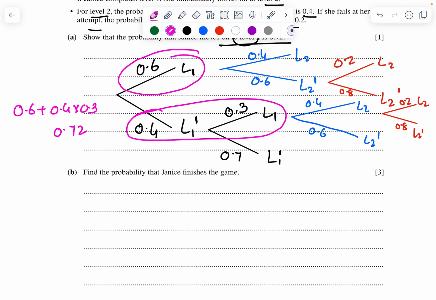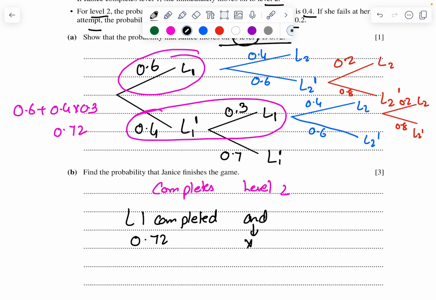When she finishes the game, she completes level 2. In what way can she complete level 2? First of all, level 1 has been completed, and means multiplication, then she goes for level 2.